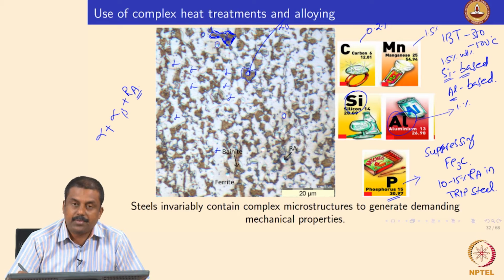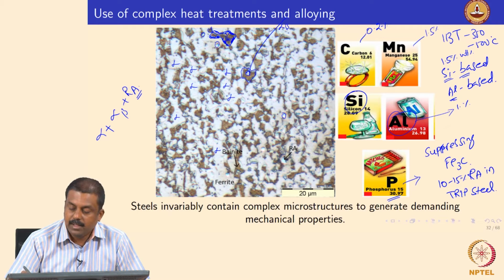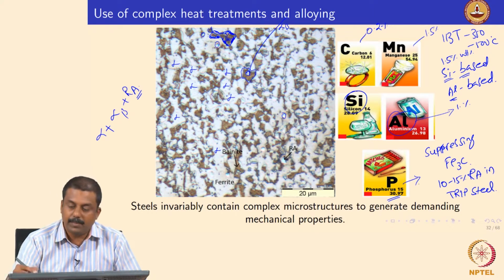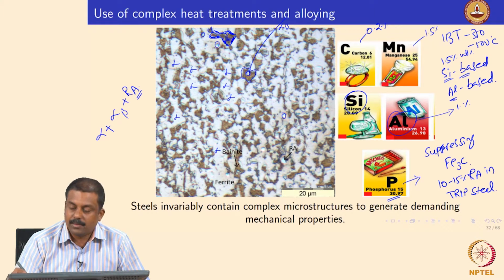Phosphorus is a very effective solid solution strengthener, and it is also known to suppress cementite formation. It is also not known to cause oxide formation in steels. So there were some developments adding somewhat increased amounts of phosphorus in steels, so that we can increase the strength of aluminum-based strip steels.